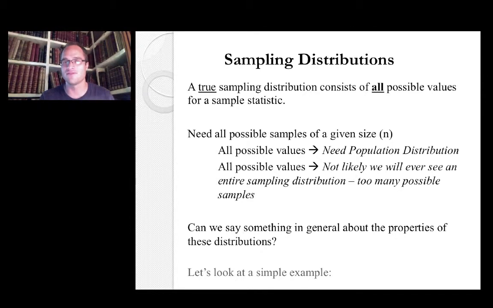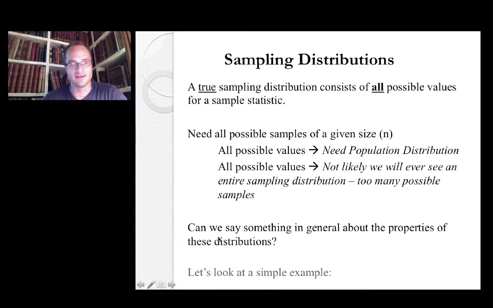There's no need for inferential statistics if you have the population of interest, and no need to talk about sampling distributions if you have that population. This can be confusing, but hopefully it's not. The point is that these sampling distributions are going to have certain properties that carry over. So even if we can't observe a true sampling distribution, we're going to know about some of the characteristics that will hold.